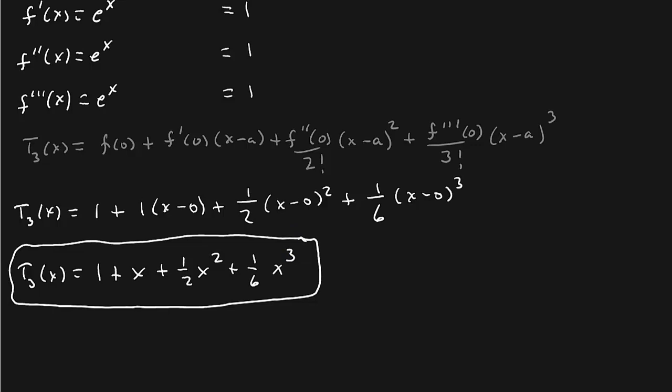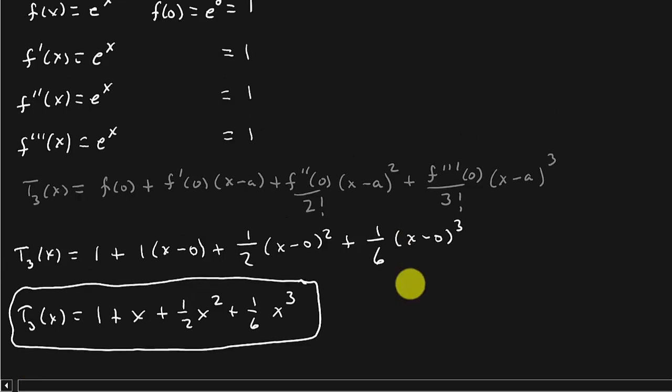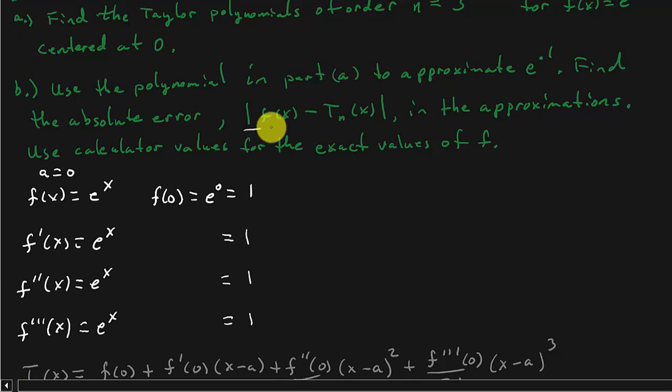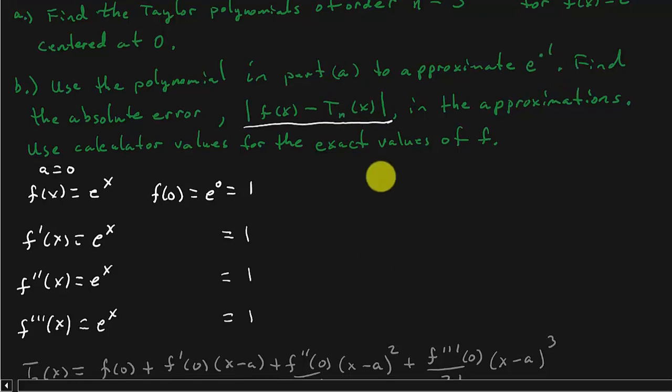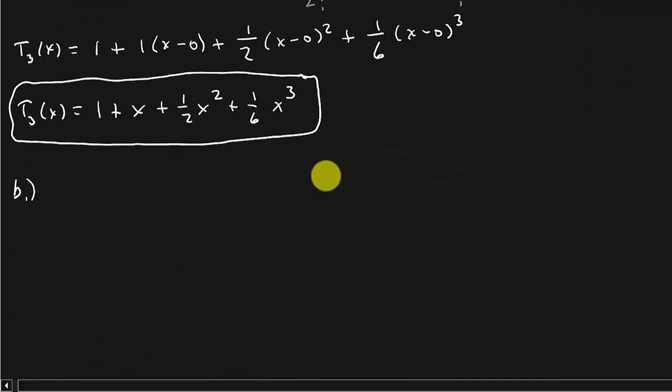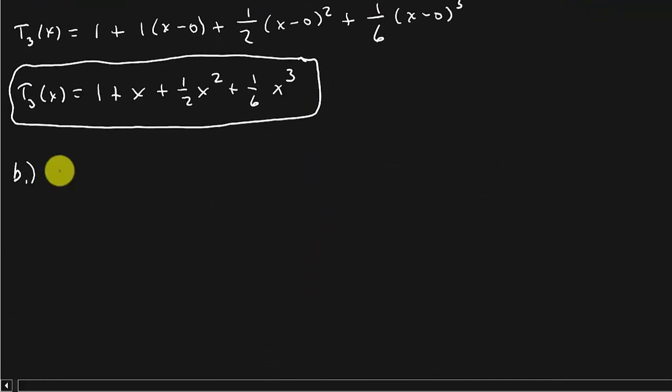Now for part B, they want us to find the absolute error. So all we're doing here is evaluating our function, f of x, which is e to the x, at 0.1. We're actually going to plug that into our calculator. And then we have to evaluate the third Taylor polynomial at 0.1, and let's see how close we are. So we have f of 0.1 is equal to e to the 0.1.